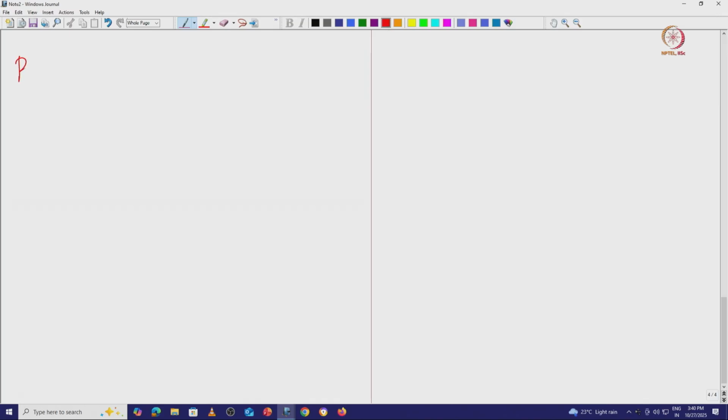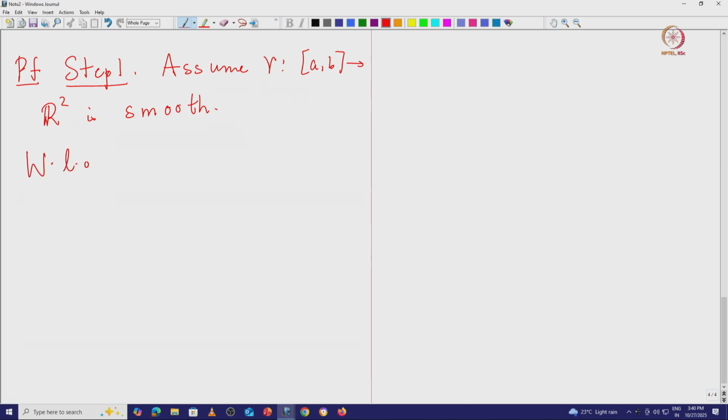So let's prove this. The first step is to try to prove this for smooth curves. So assume that gamma is smooth. Okay. And without loss of generality, by potentially rotating my picture and translating, all of these are isometries of R2, so that should not change anything in the theorem.